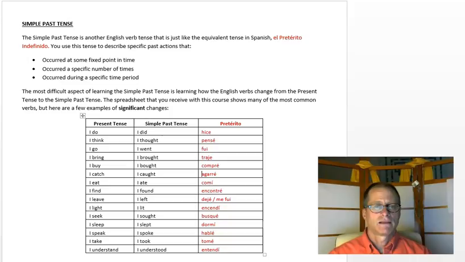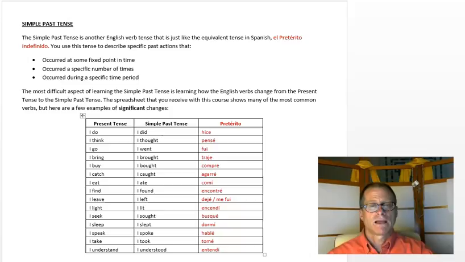Agarré. I eat. I ate. Comí. I find. I found. Encontré. I leave. I left. Dejé or me fui. I light. I lit. Encendí. I seek. I sought.